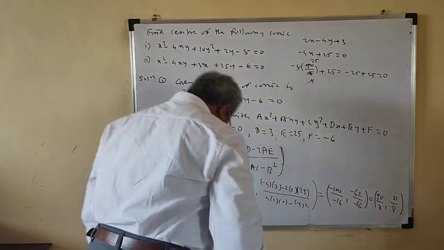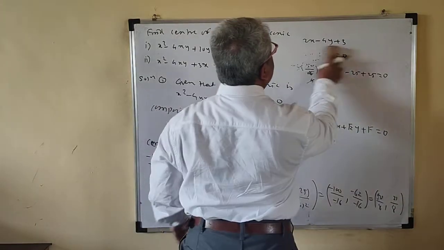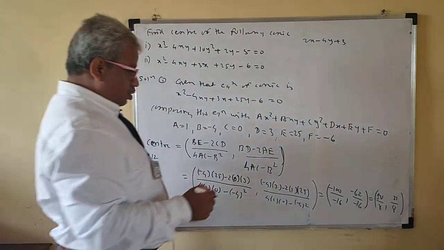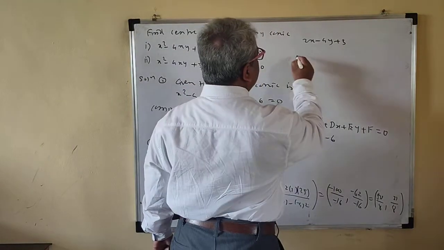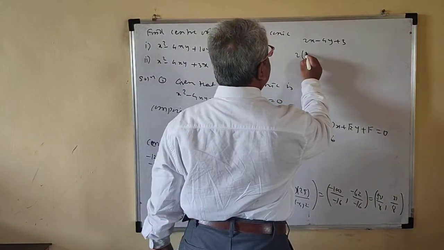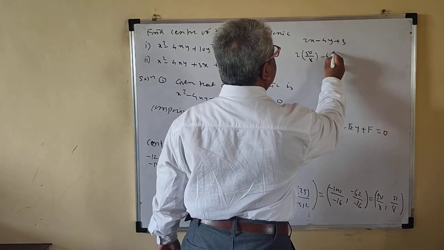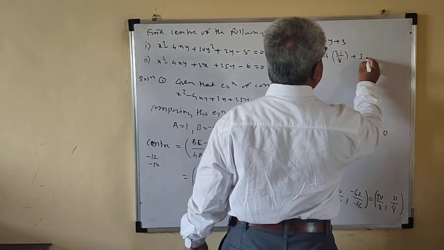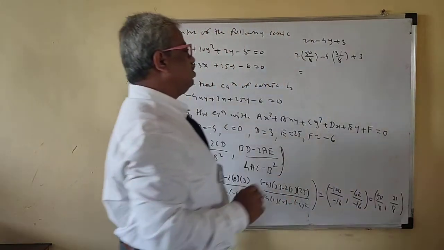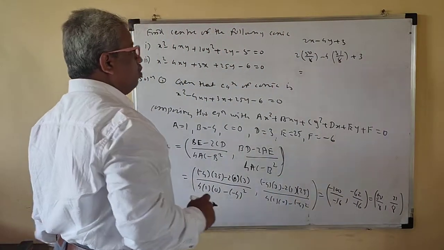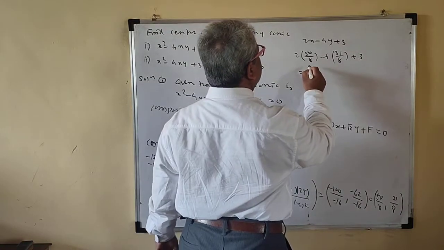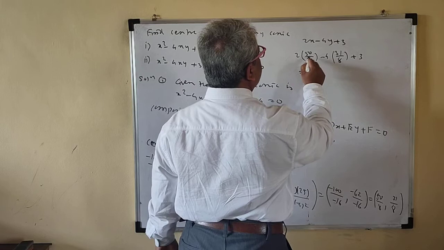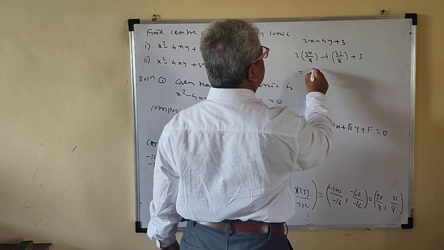Okay. So we'll check for this one, whether this is 0 or not. 2 into 50 by 8 minus 4 into 31 by 8 plus 3. We want to check whether this is 0 or not. So we'll divide by this 2 here.